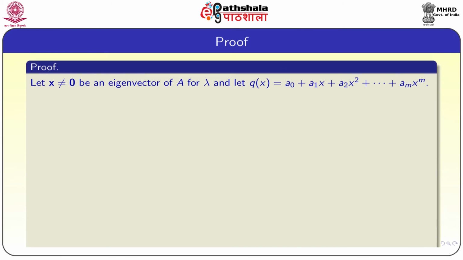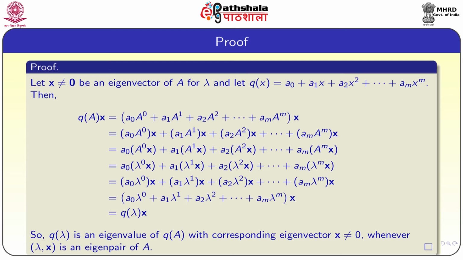Proof: let x not equal to 0 be an eigenvector of A corresponding to lambda. Let q of x be a polynomial, taken as a0 plus a1 x plus a2 x square and so on, am x power m. Then q of A into vector x is equal to a0 into A power 0, that is identity, plus a1 into A power 1 plus a2 into A square and so on, am into A power m, into vector x.